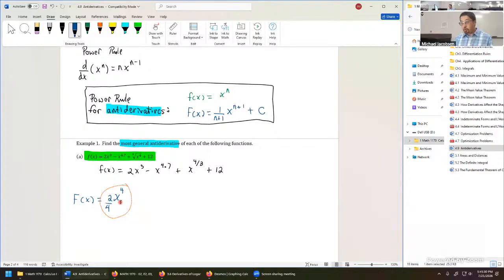The derivative of 2/4 x to the power 4 would take the 4, it would come down, cancel with the 4 there. This would be 2 times x to the power of 1 less. That'd be power 3, and so it gives us the right term. So if you do a quick mental derivative term by term, or maybe get your whole answer and then differentiate the very last answer, then that's a good way to go. You're really just reinforcing how the derivative went as you discover what the antiderivative actually is.